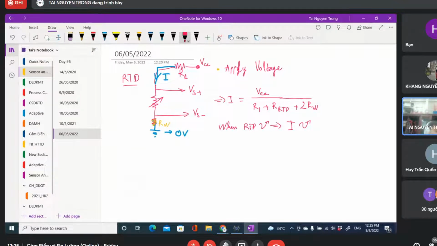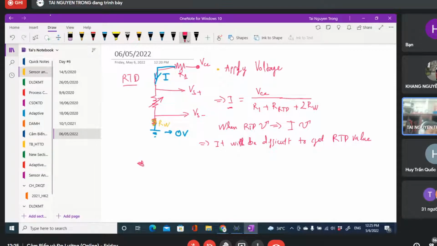And in this case, it will be difficult to take a calculation, because it depends on the current, and the current is changed by the change of the value of RTD.